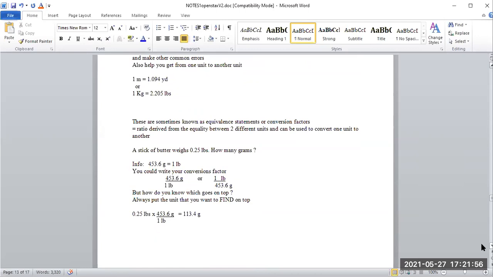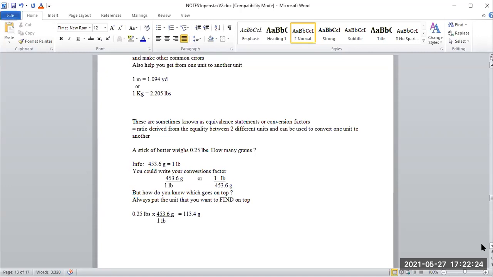But then it also leaves you with the need to decide, well, am I multiplying or am I dividing? In the rules of math, the thing that you are trying to find must go on top. The thing that you are trying to cancel out must go on the bottom.